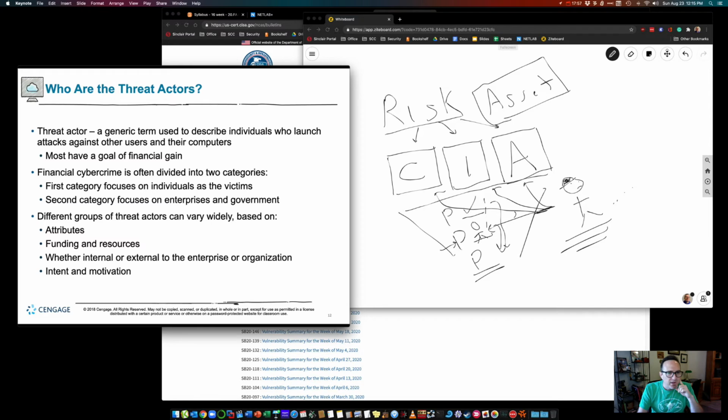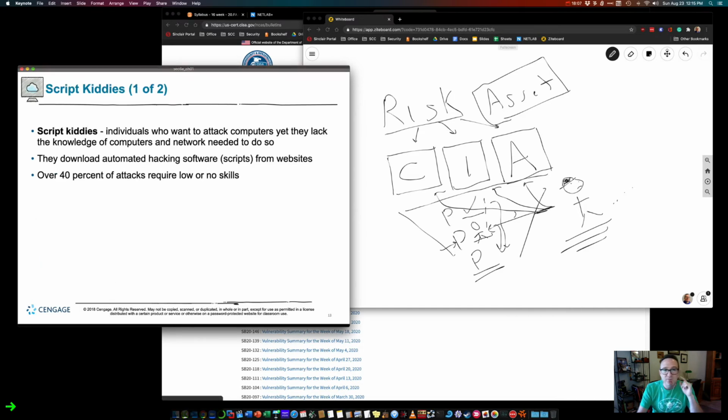So, threat actors. We talked about those before. That's the black hats. They have different funding and resources. It could be a person, let's say a script kiddie. The term script kiddie has a really bad connotation. Think of a script kiddie as a threat actor who just found your website and is running tools against it, not knowing what the tools are.